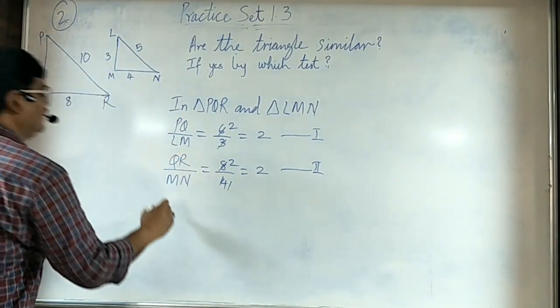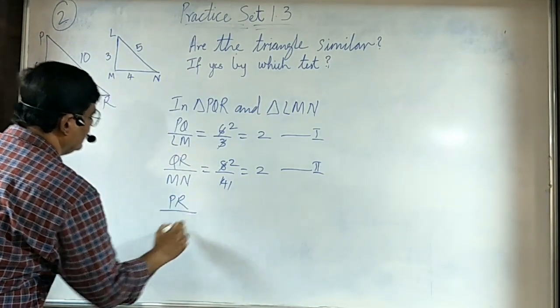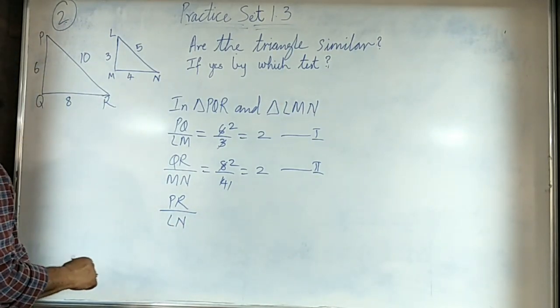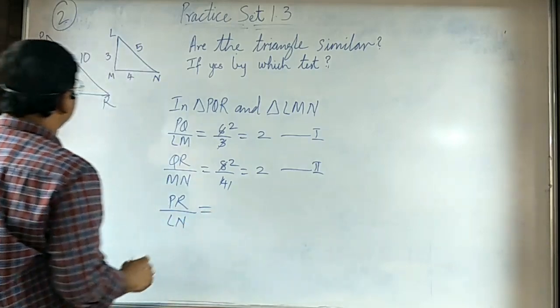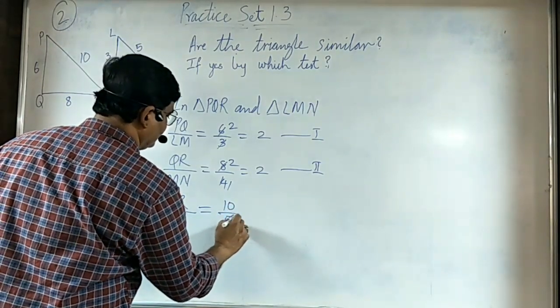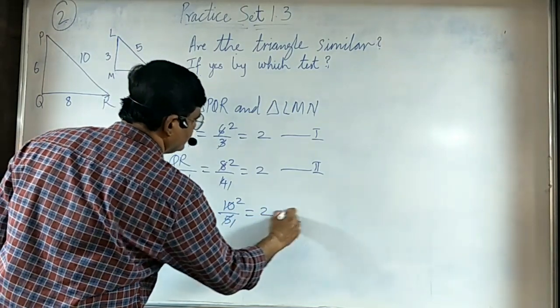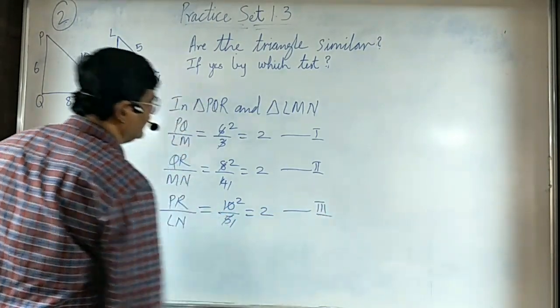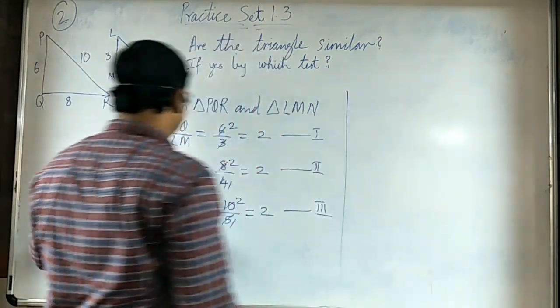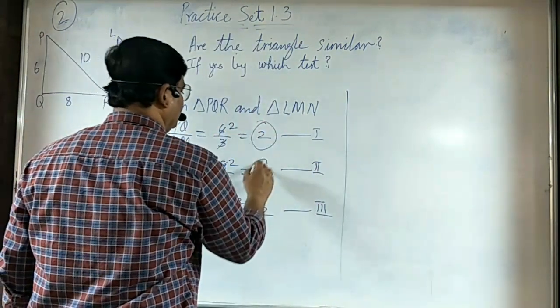Then there is one more, PR upon LN. PR is given as 10 and LN is given as 5. 5 ones are 5, 5 twos are 10. You got 2, and this is my statement number 3. So from this you can make out that all the 3 ratios are equal.